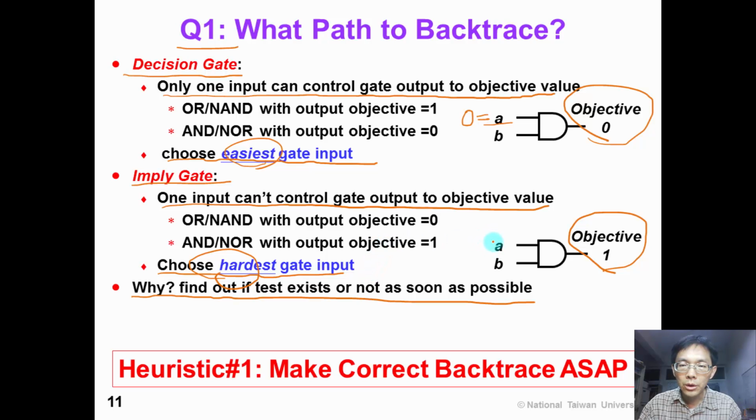If we search, for example, input A and find that A equal to 1 is not possible, then we know that this objective cannot be achieved. So we can backtrack to another objective. In summary, heuristic number 1 proposes a simple heuristic to make a correct backtrace as soon as possible.